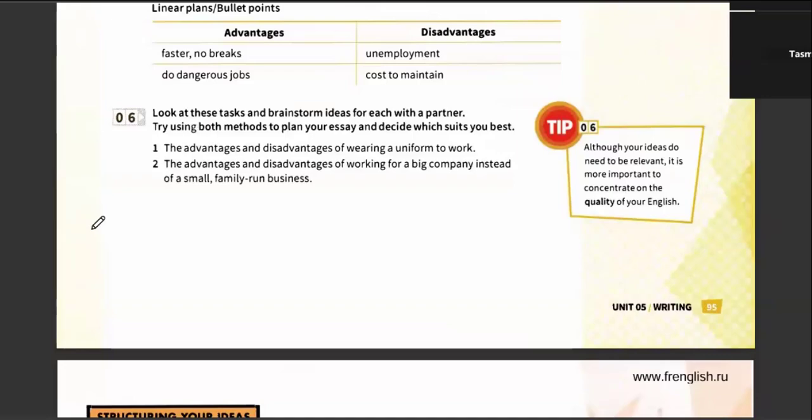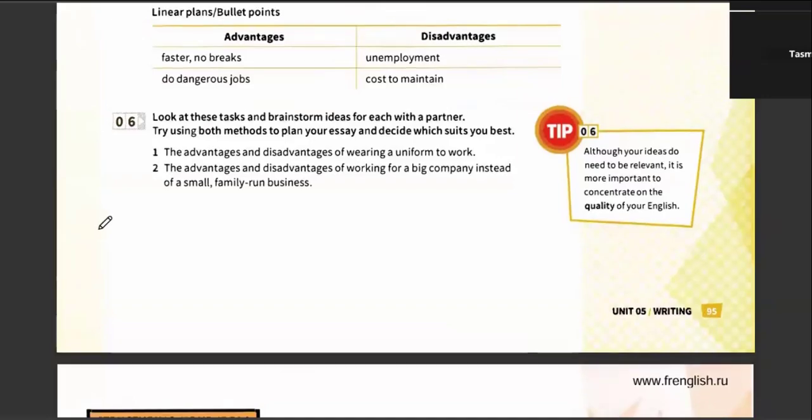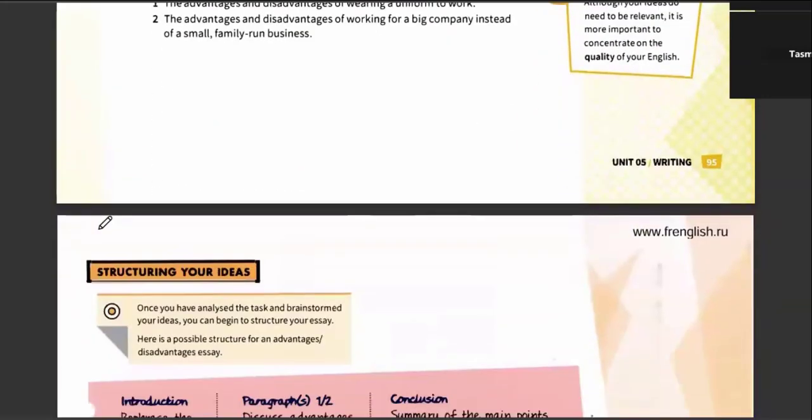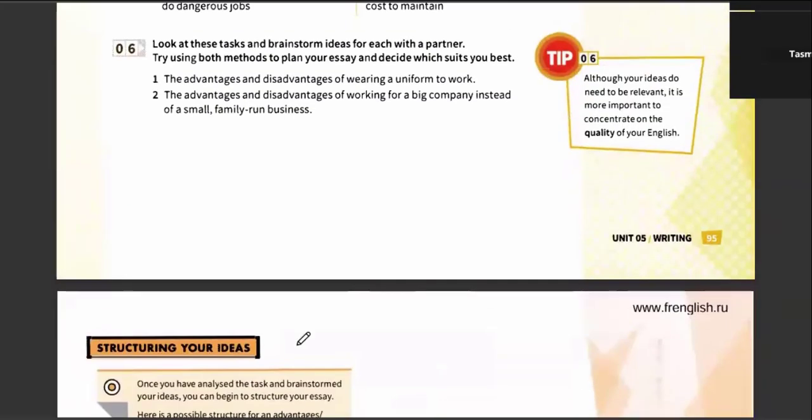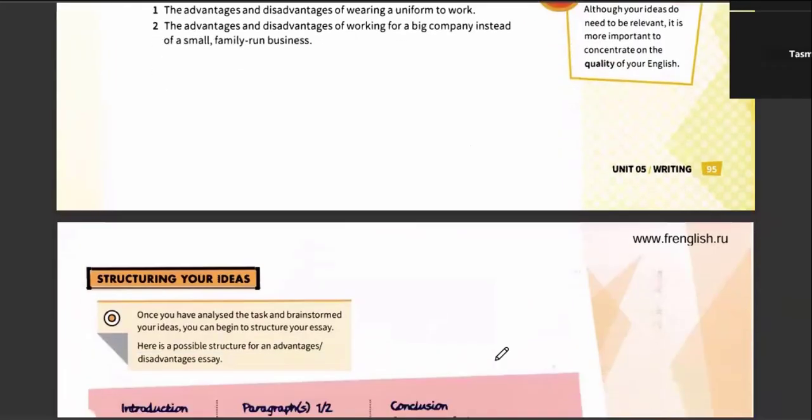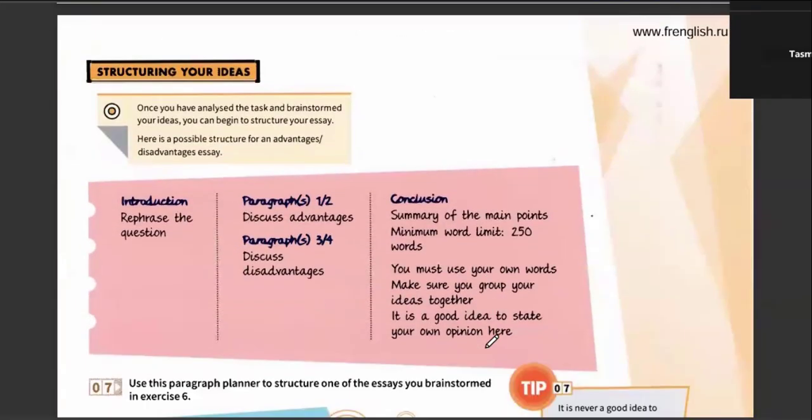Good word power and a good way of expression, very nice sentence structure, those should be kept in your head while you're writing. So don't forget those when you're writing.